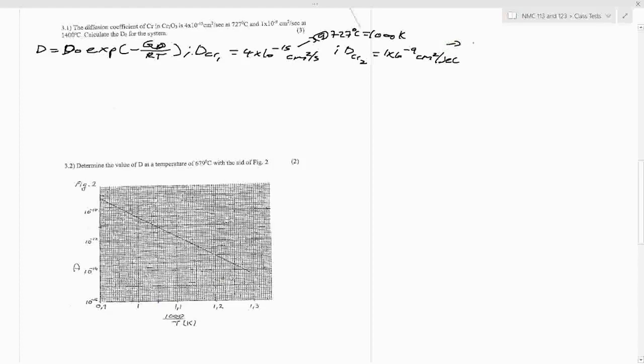And this one is at 1400 degrees Celsius. In kelvins, this is 1673 kelvins.